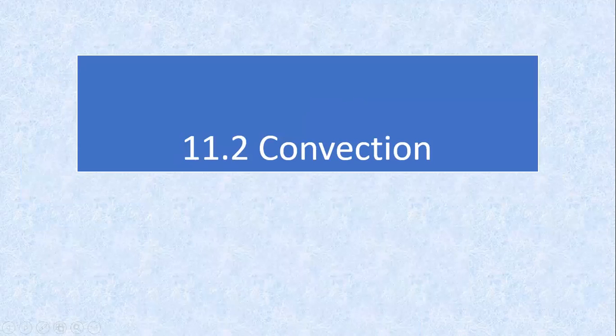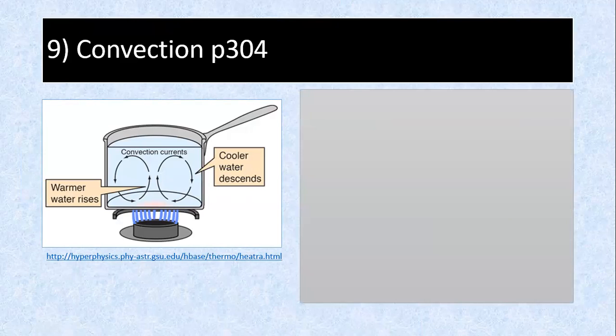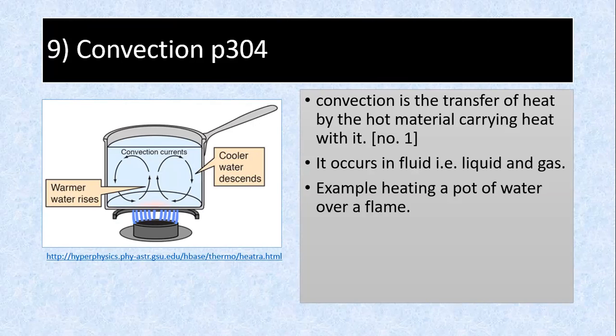Okay, let's go to 11.2 convection, page 309. Convection, what is it? It's the transfer of heat by hot material carrying heat with it. That's your number one. It occurs in fluids, in liquid and gas. Example, you heat a pot of water over a flame.